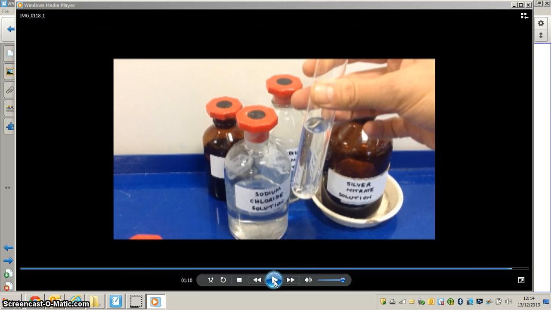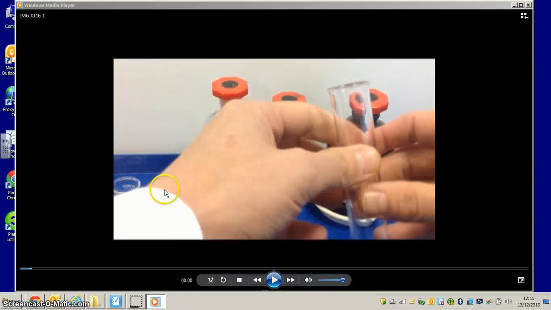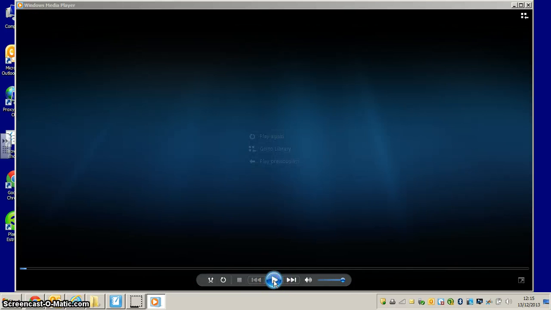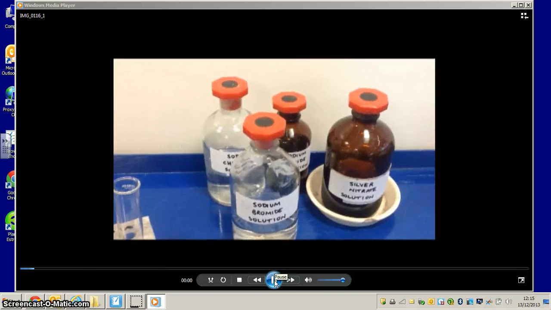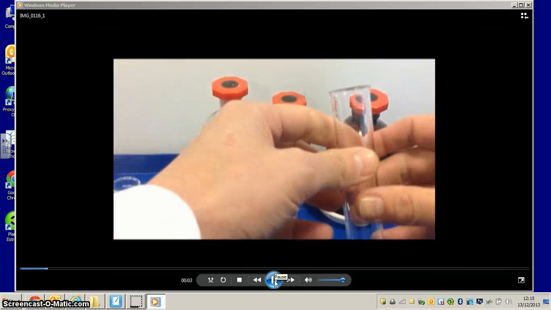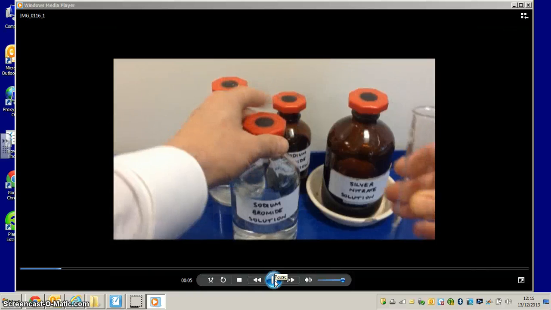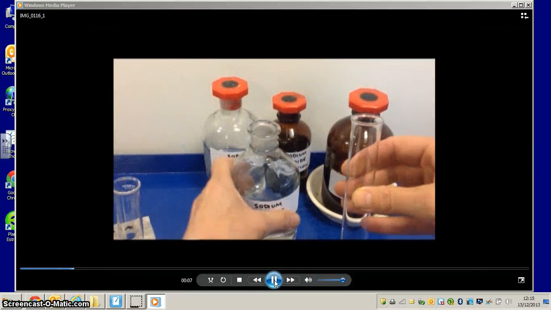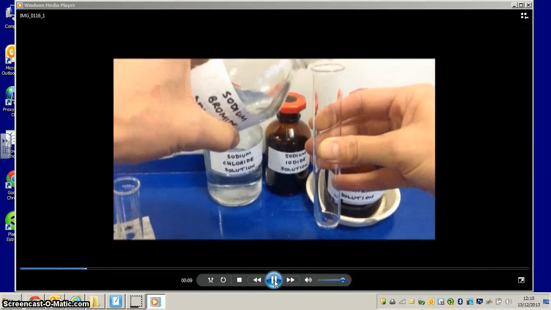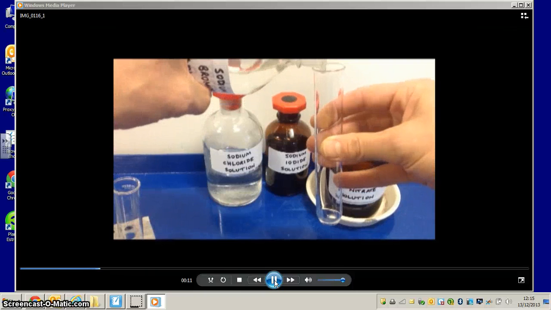So let's have a look at the same experiment, but this time repeated with a bromide. Here is the same experiment using sodium bromide, dissolved in water to make a bromide solution.